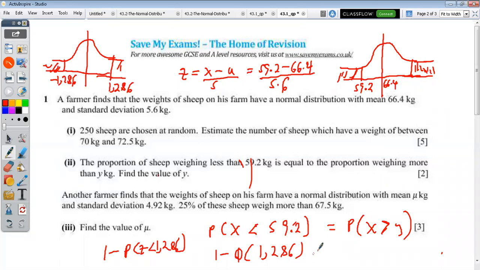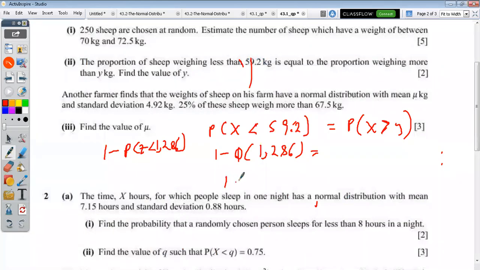Clear now? So what is that? Let's go and look for phi of 1.286. What is phi of 1.286?